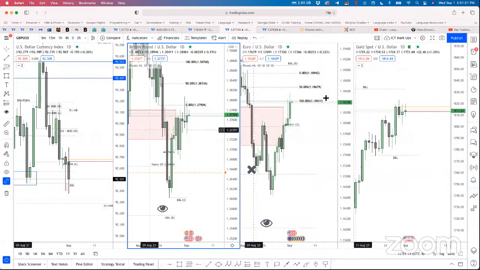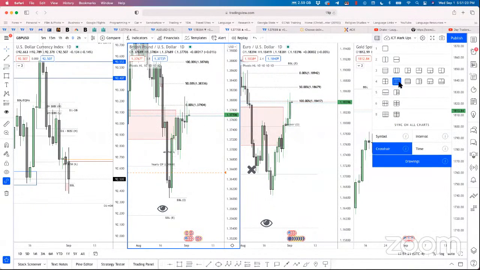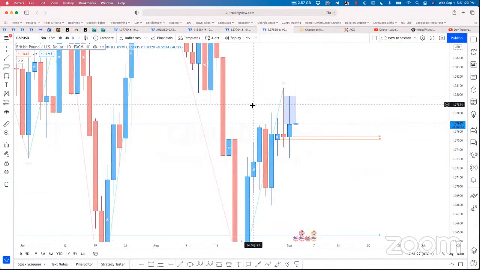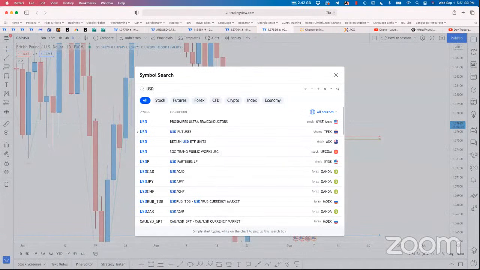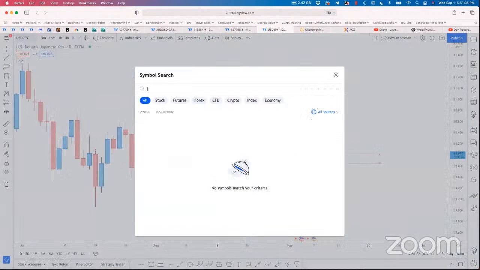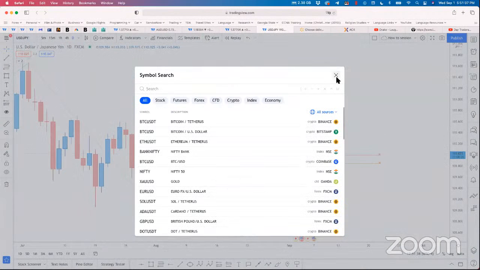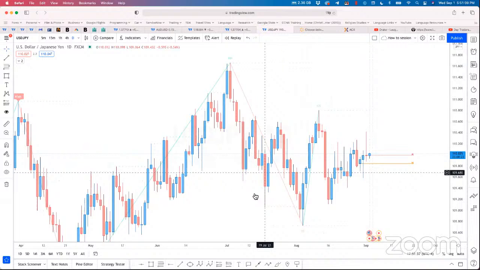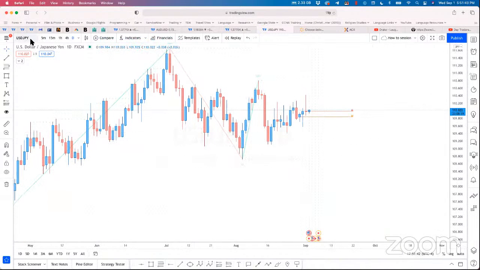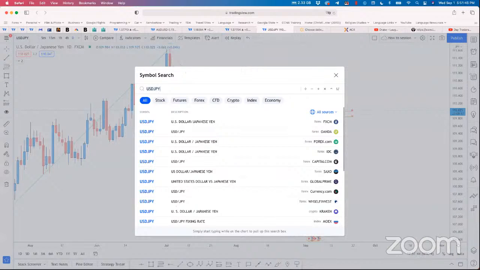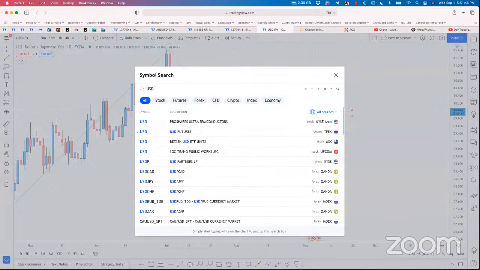But if I open up another chart, let's go over here. Let's see this one that inverse. Let me see UJ. I don't think UJ inverse correlates or correlates. Let me see. USD.